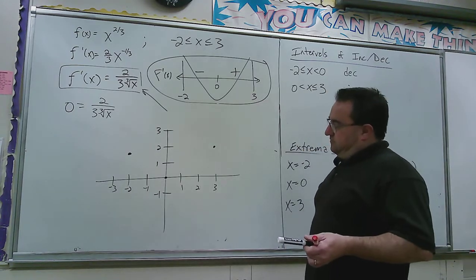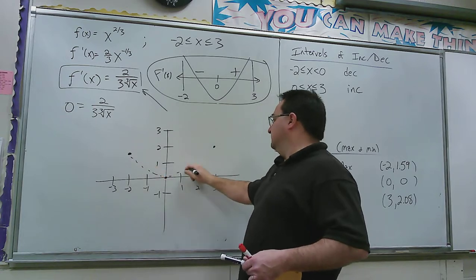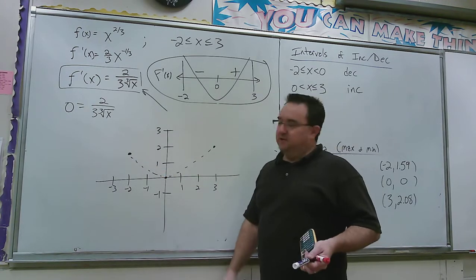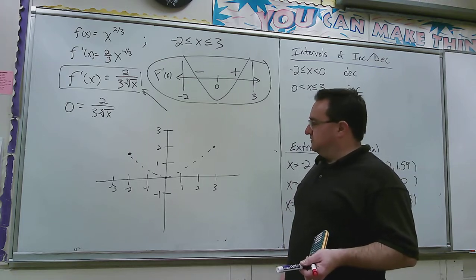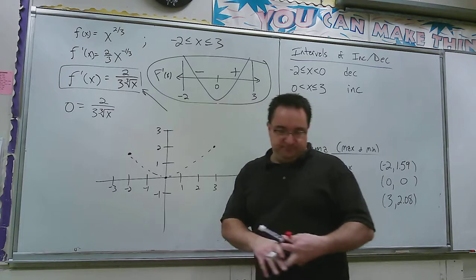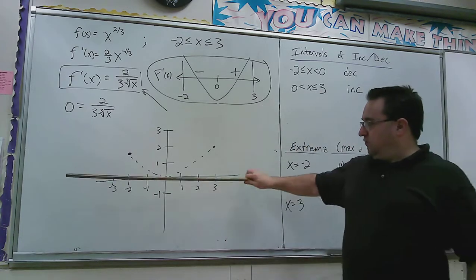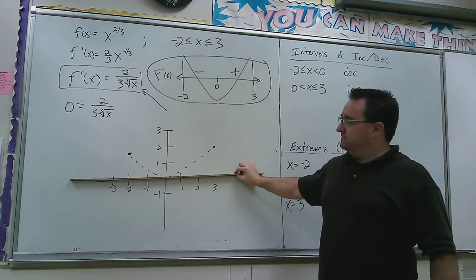Now, if you draw this, I understand because we're just starting this, but this is not a polynomial. Plus, this would be a horizontal tangent line. The slope would be 0.